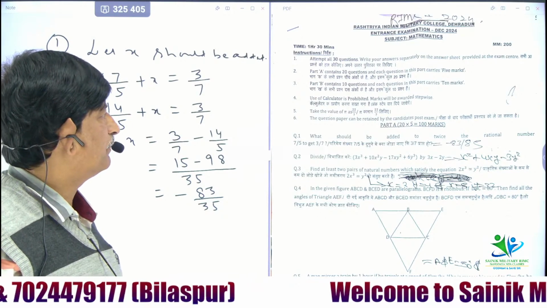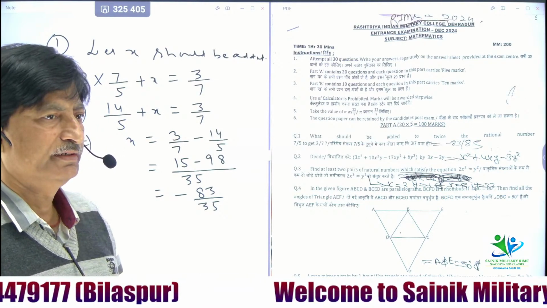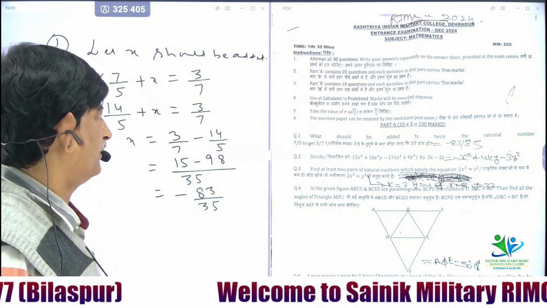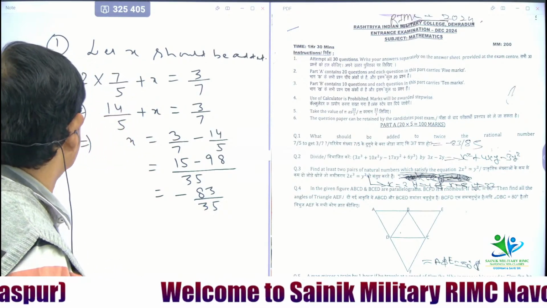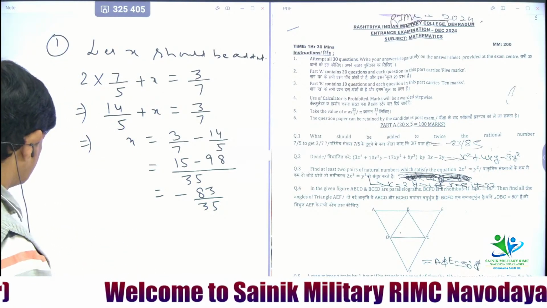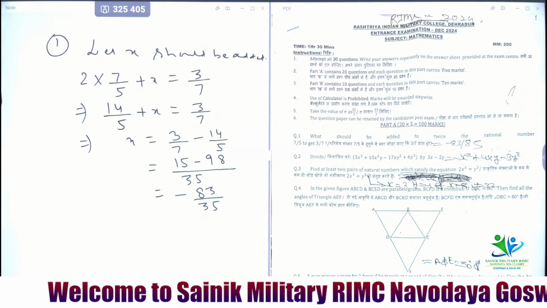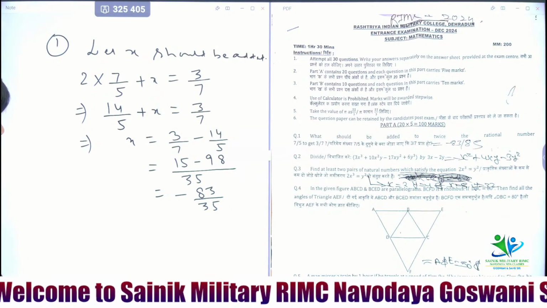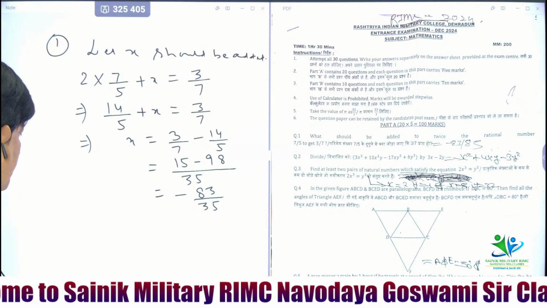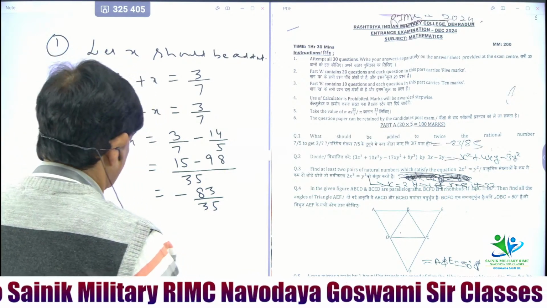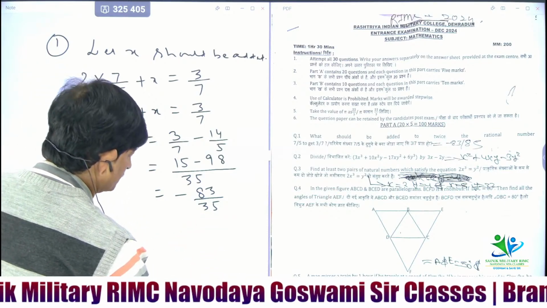In question number 2, you have to divide. That means for polynomial division, you have to use the long division method here. So see on the next page the question number 2.